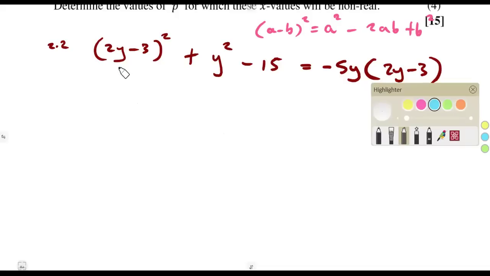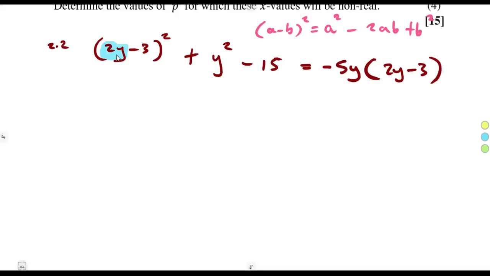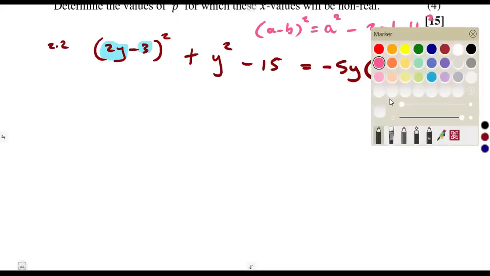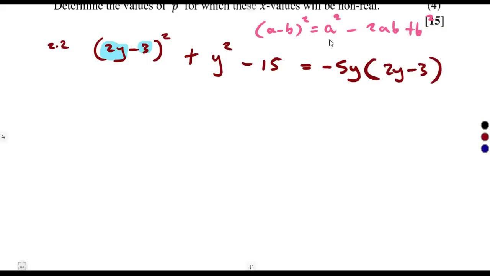Let me explain, because there's a term of 2y that you have to consider there. A squared, as we have it in our formula, is part of your a, which is 2y. So it's going to be 2y squared. 2 to the exponent of 2 is 4, and y to the exponent of 2 is y squared.